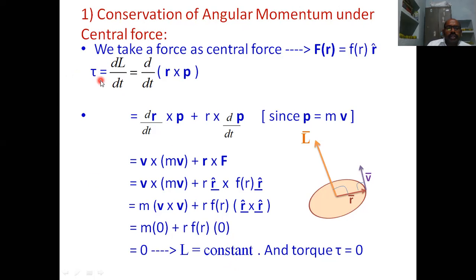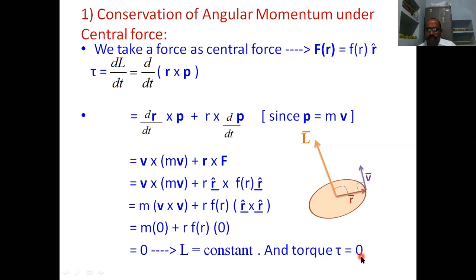So from the first term, tau is equal to 0, showing that the torque acting on the particle under central force is 0. So we have proved two things: torque acting on a particle under central force is 0 and the angular momentum remains constant.